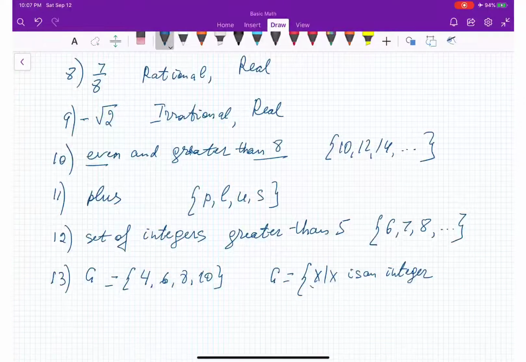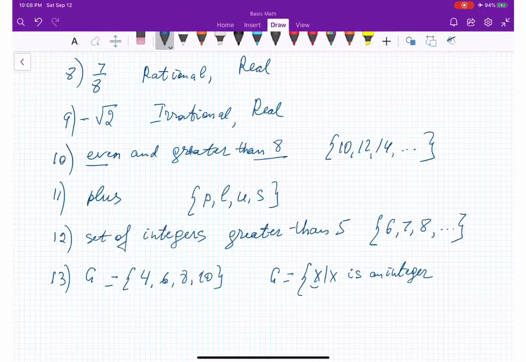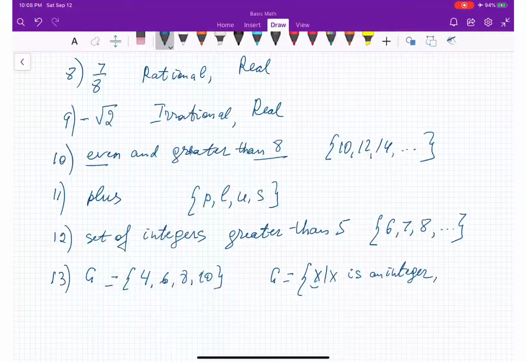We put here x, that means we are talking about x, and separate with a vertical line, and put the information: x is an integer. And we can say this x is between 4 and 10, right? And x is even.